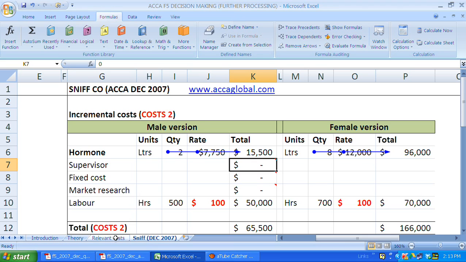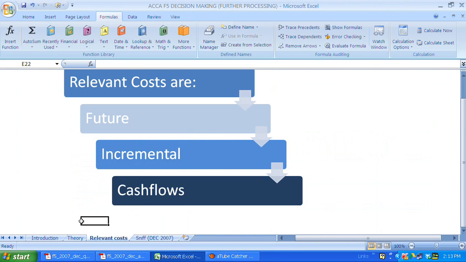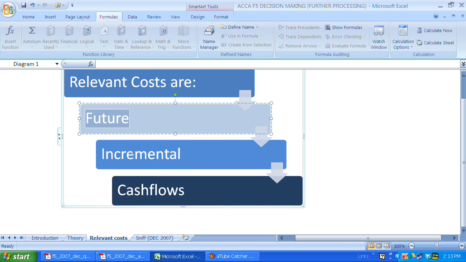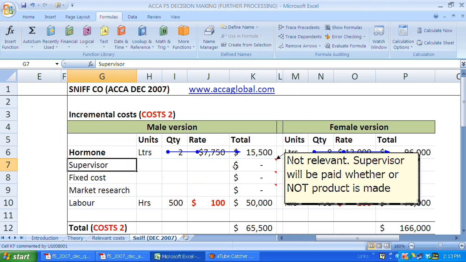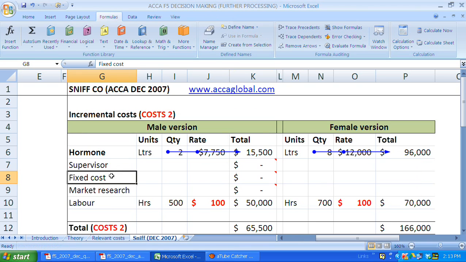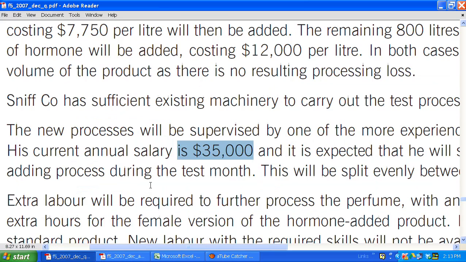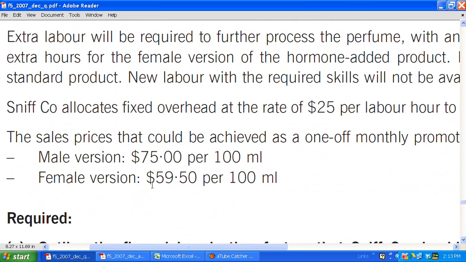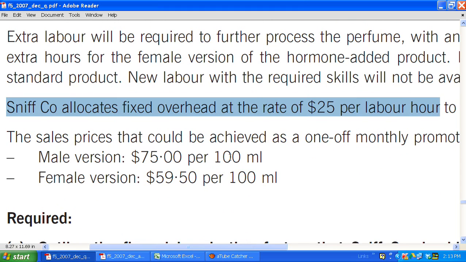And remember, we're using relevant costing principles. The cost should be a future cost, should be incremental, and it should be a cash flow. So the supervisor costs don't pass that test. How about the fixed costs? Fixed costs. The statement is right here. Sniff Co allocates fixed overhead at the rate of 25 per hour.